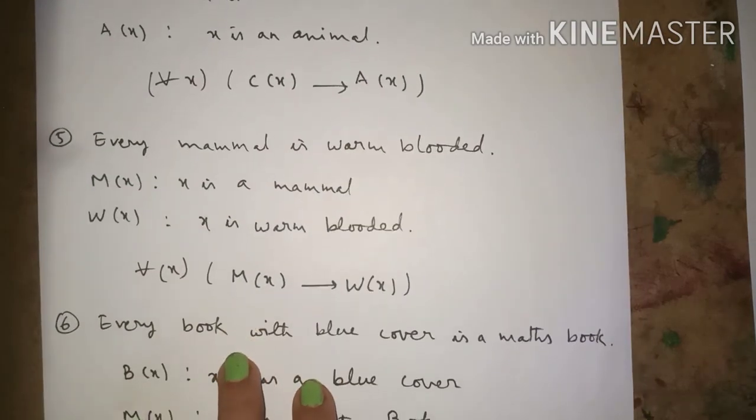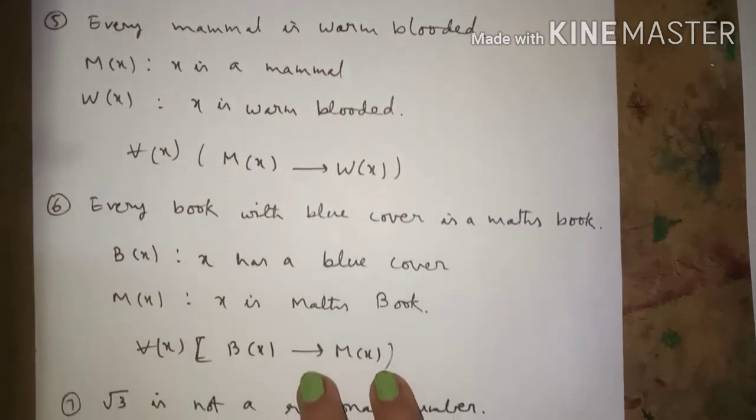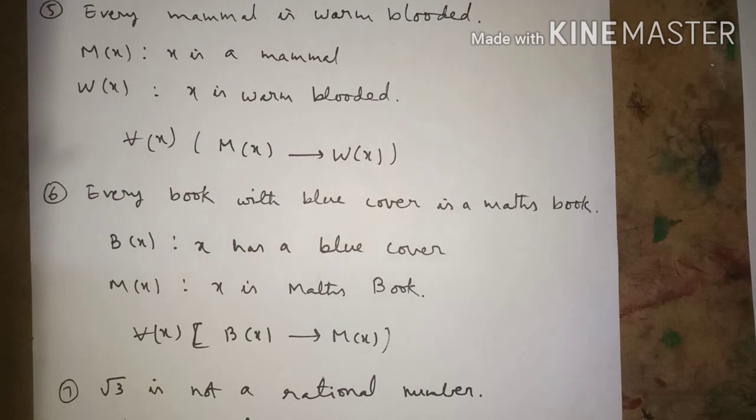Next one: every mammal is warm-blooded. M of x means x is a mammal. W of x means x is warm-blooded. For all x, if M of x, then W of x.